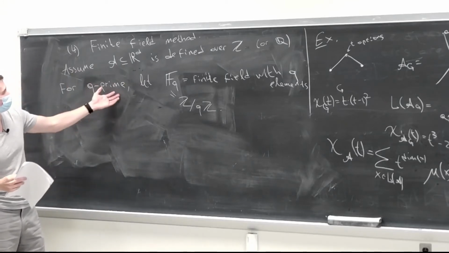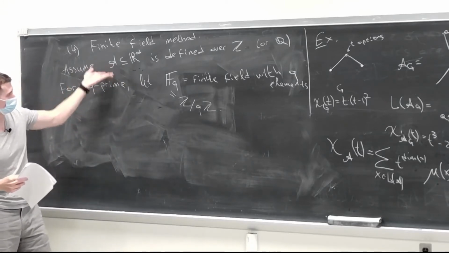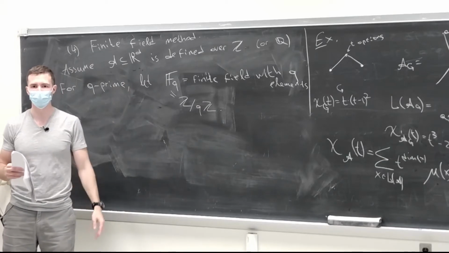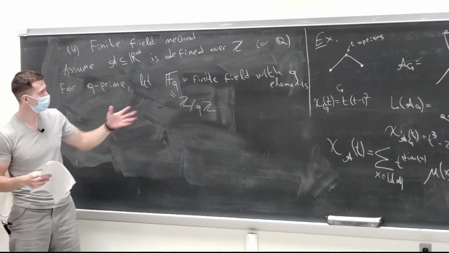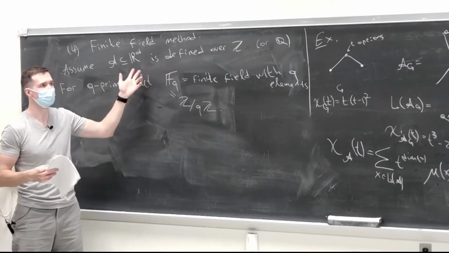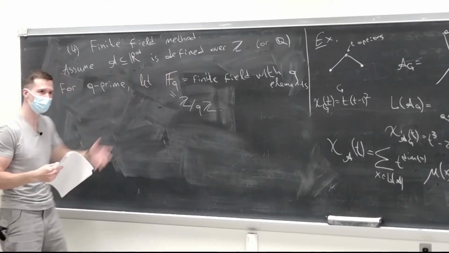So you can take your hyperplanes and then take all coefficients modulo Q. So you get an arrangement of hyperplanes inside F_Q^d. So instead of R^d, you get an arrangement over a different field.